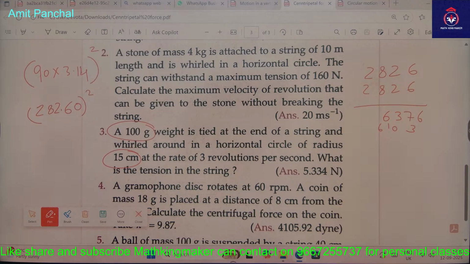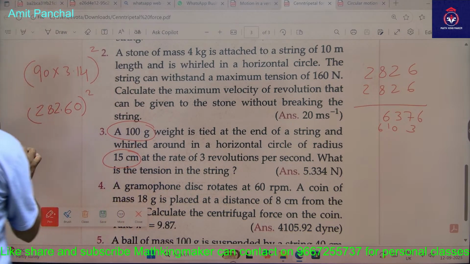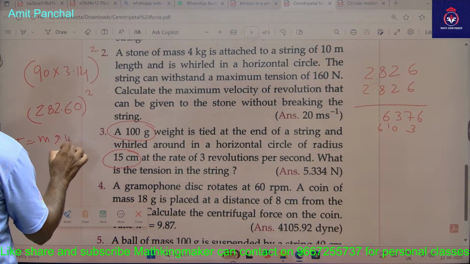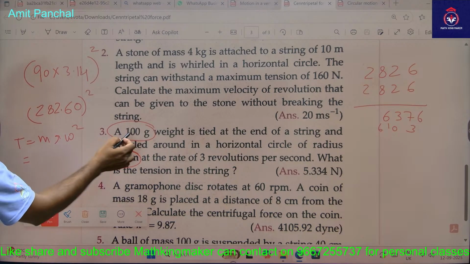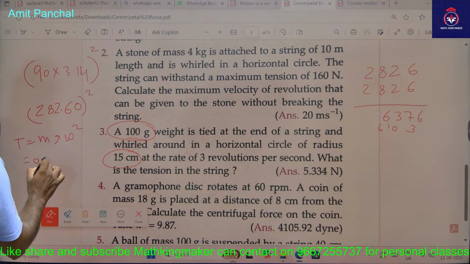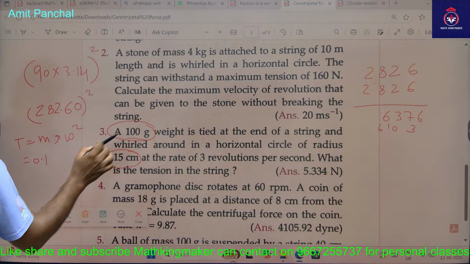Okay, calculation is a very simple thing, so you can do it. We will not waste our time in calculation. But how do I know if it's correct? See, basically your tension will be equal to m r omega square. So just put the values. M is 100 gram, that means 0.1 kg.